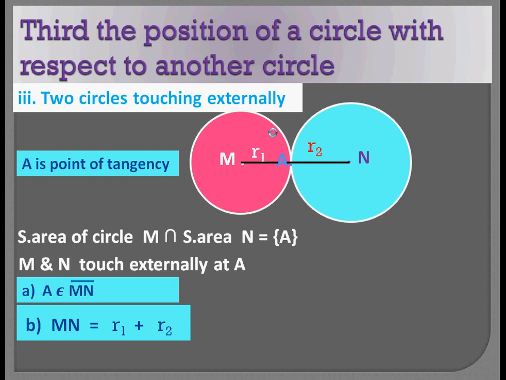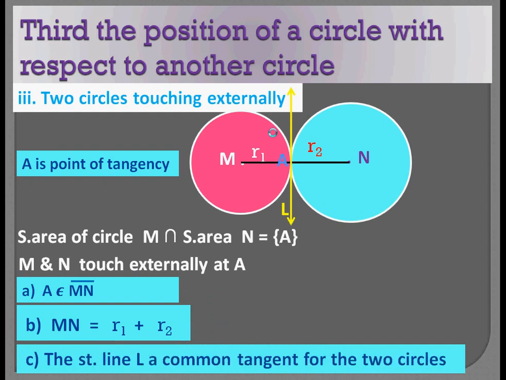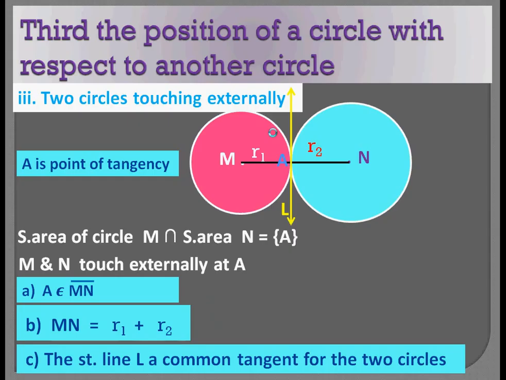If you draw a tangent to circle M and a tangent to circle N, you can see that it's a common tangent for both circles because it passes through the point of tangency A. So the straight line, which is a common tangent to the two circles, is perpendicular to the line of centers MN.